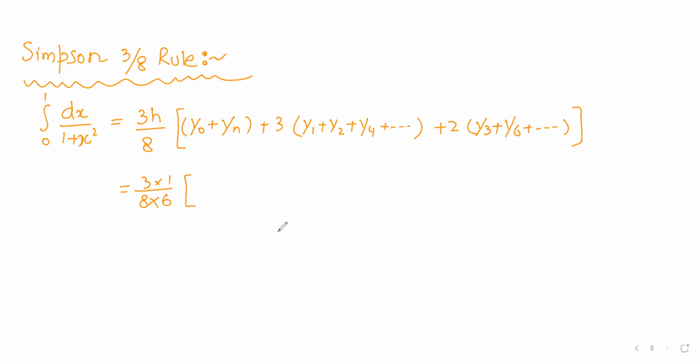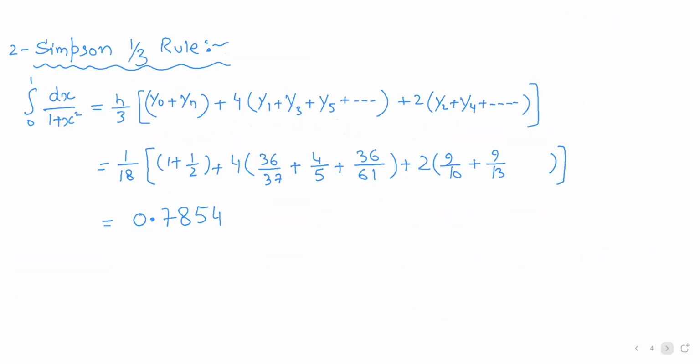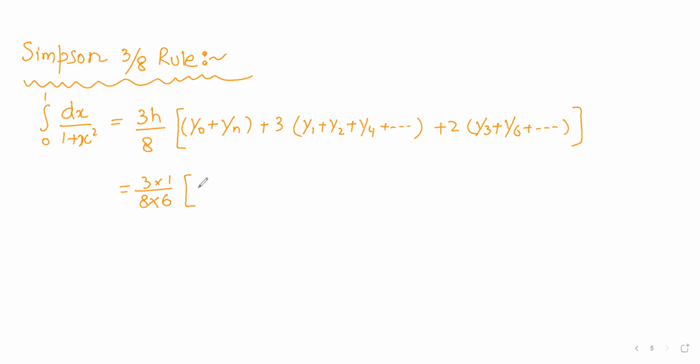So y naught, what is the value of y naught? Y naught is equal to 1. Y naught is equal to 1, plus yn is equal to 1 by 2, plus 3 into y1.